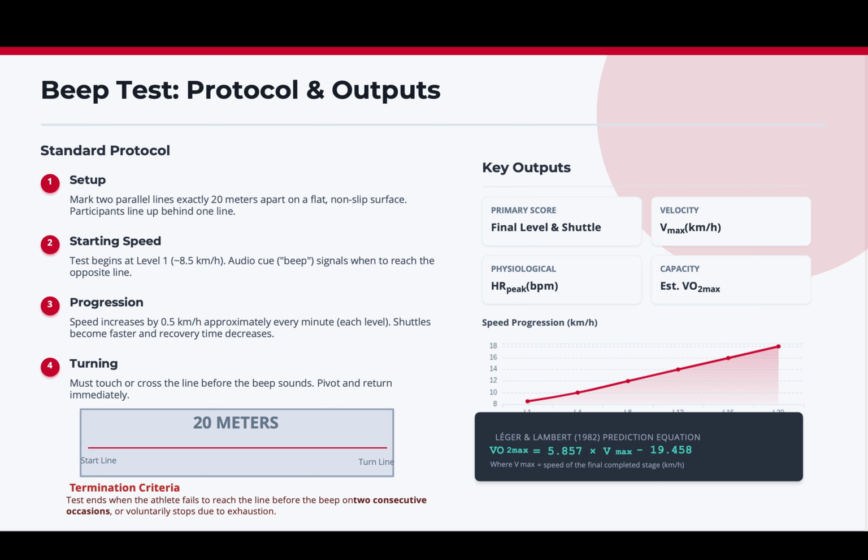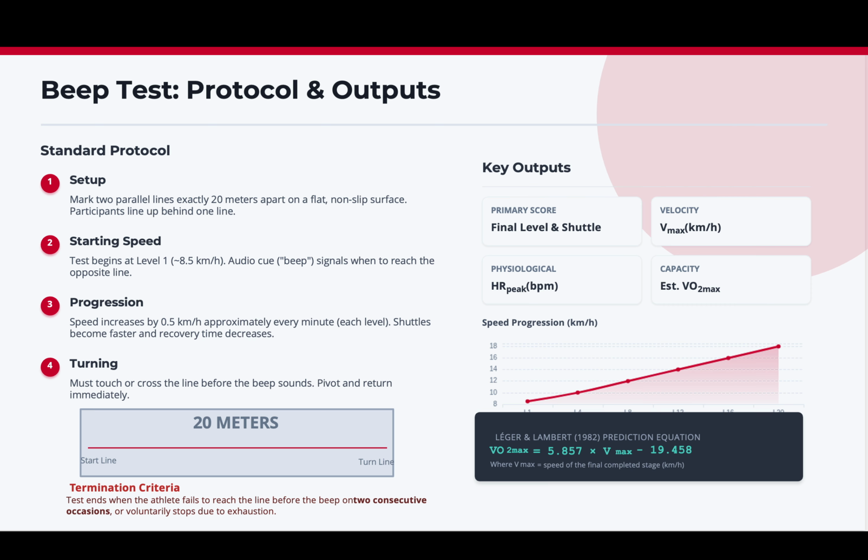You start the test at level 1, which is around 8.5 kilometers per hour, and you have an audio cue, which is the beep, that signals when to reach the opposite line. For the progression, the speed increases by 0.5 kilometers per hour approximately every minute at each level, and shuttles become faster and recovery time decreases.